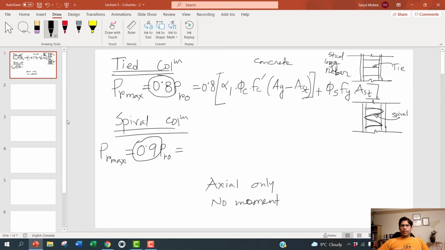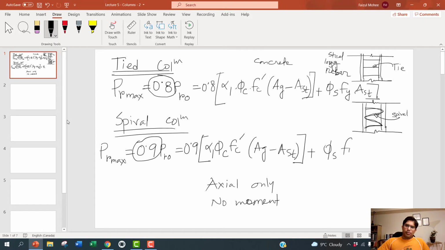So everything else is pretty much the same: alpha 1 phi c f'c (A_g minus A_st) plus phi s f_y A_st. So this is the longitudinal steel rebar.